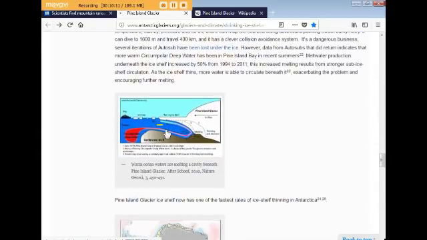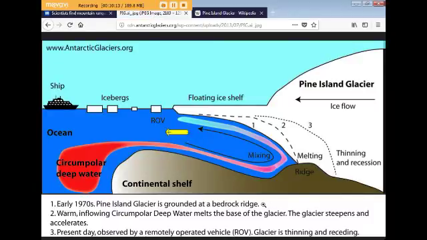Now this is a really good cartoon image of the Pine Island Glacier. There's a floating ice shelf that comes out over the ocean. Here's the ocean, here's the continental shelf underneath, and the water comes in, and then it swirls around and mixes and comes back out.